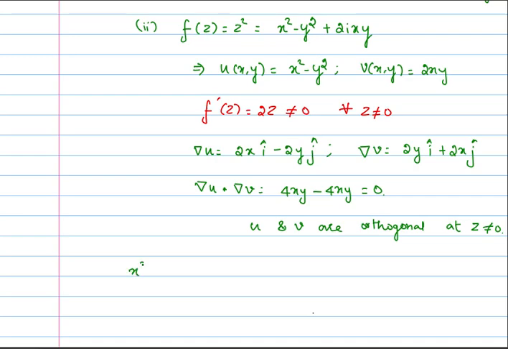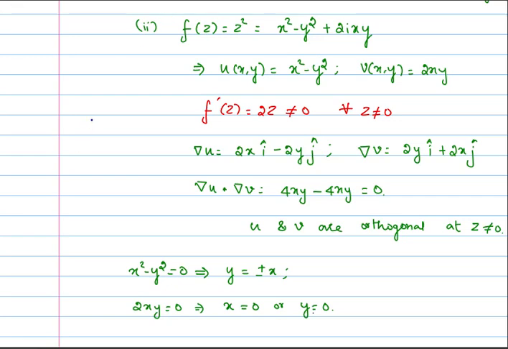So x square minus y square equal to 0 implies y equals plus or minus x. Similarly, 2xy equal to 0 implies x equals 0 or y equals 0.